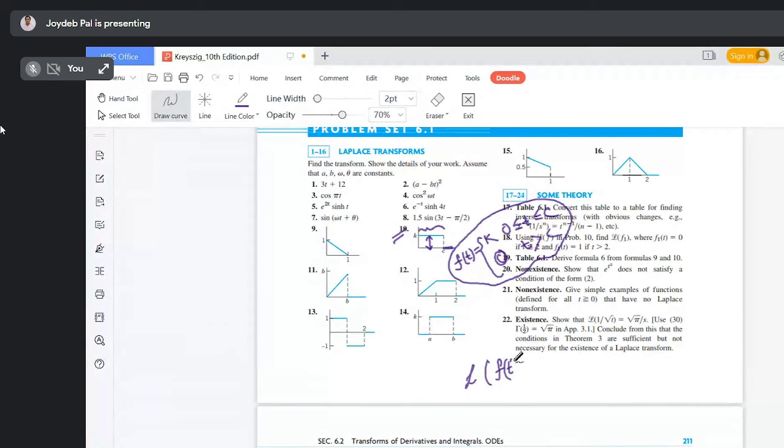You apply the definition 0 to infinity e to the power minus st ft dt. तो हियर ऑल्सो यहाँ पे इंटीग्रेशन को ब्रेक करना पड़ेगा दो इंटीग्रेशन में 0 टू c एंड c टू इंफिनिटी. तो c टू इंफिनिटी में इंटीग्रेशन 0 हो जाएगा एंड 0 टू c में f t के पुट करेंगे एंड उसके बाद इंटीग्रेशन करेंगे. सिंपल है.